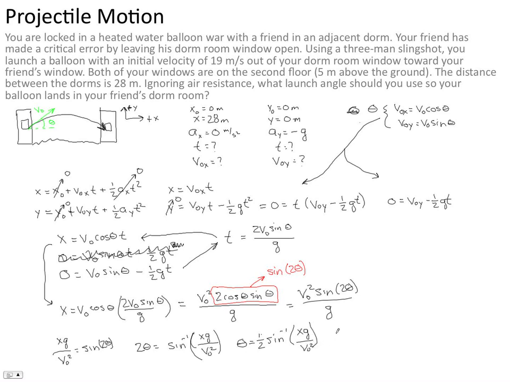All right, so now we can plug in what we know. X is 28 meters, g is 9.8 meters per second squared, and v naught is, I never wrote it down, 19 meters per second.